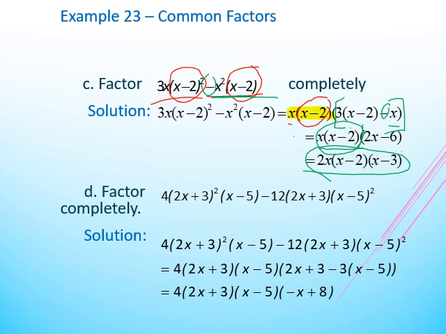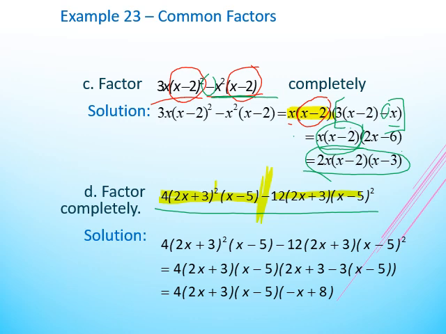Let's move to another example for factoring completely. In this expression, we have two terms. The first term is 4 times (2x plus 3) all to the power 2 times (x minus 5), minus 12 times (2x plus 3) times (x minus 5) all to the power 2. Now we have 4 and 12.